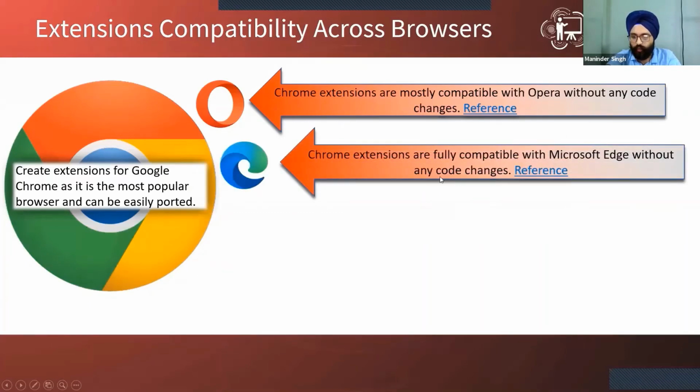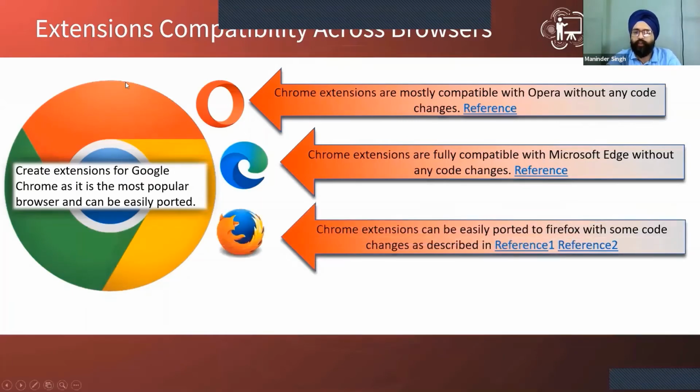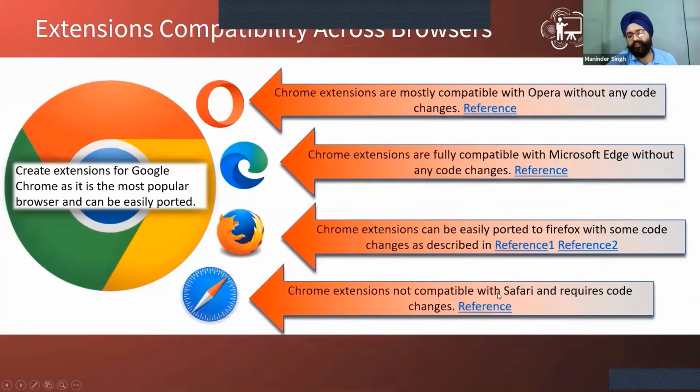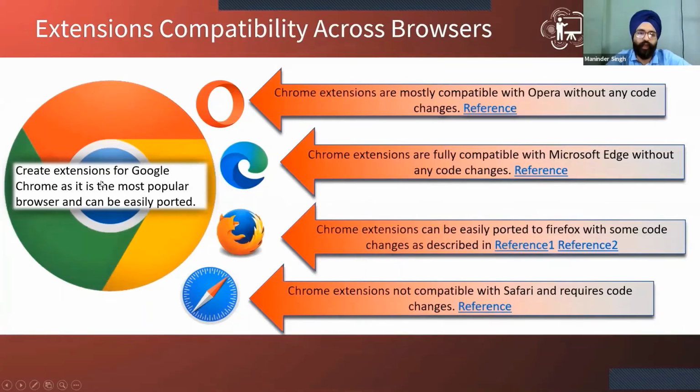No code changes are required, since all of those are based on Chromium architecture. For Firefox, you might have to make minor changes, but most of the code would remain the same. But for Safari, since the architecture is very different, you have to create this extension from scratch. So if you create a Chrome extension, you can make it work for all three popular browsers: Opera, Microsoft Edge, and Firefox.